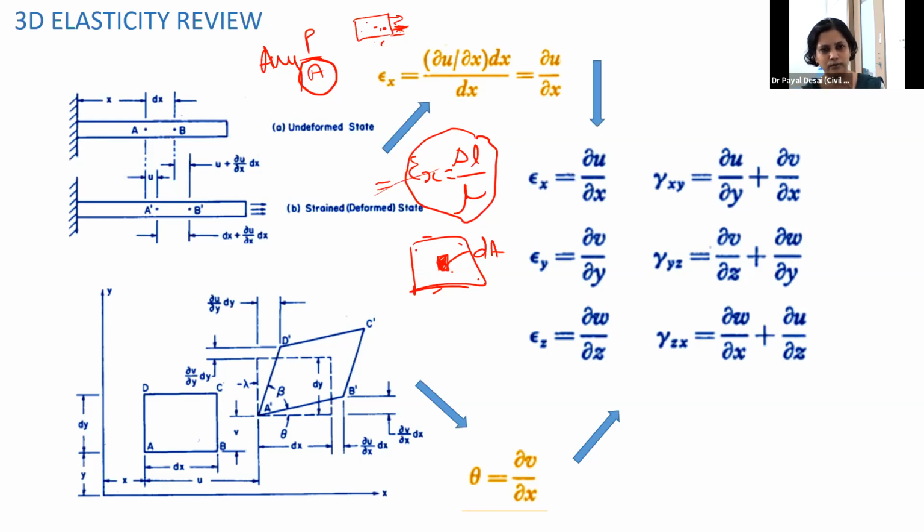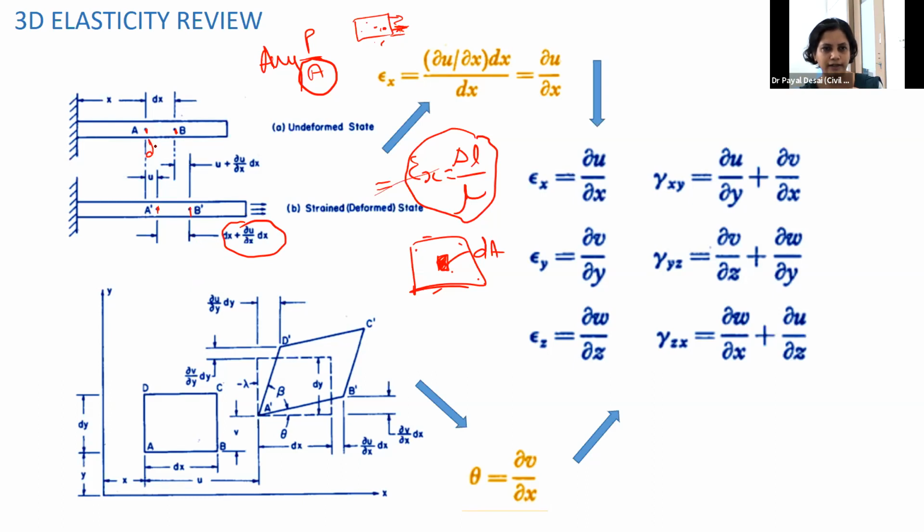So here, just briefly, I will cover this 3D elasticity, where you have seen the points A and B, and after deformation A dash and B dash, and then you can write the differential, that is dx plus del u by del x into dx, the change in the length.